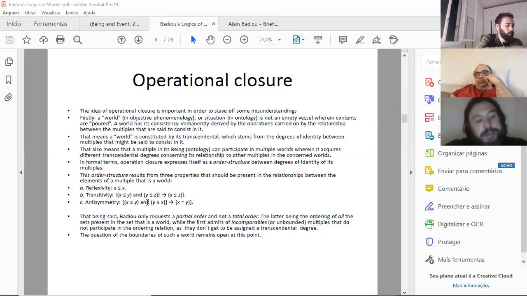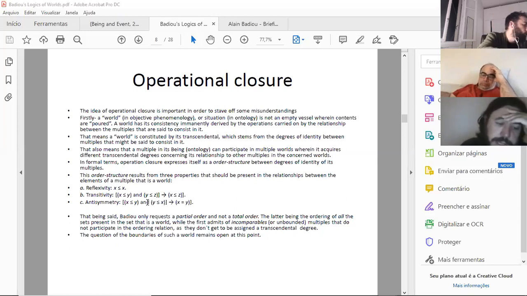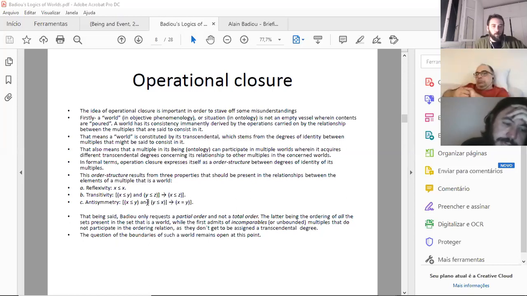To every multiple in the world, of course, there is a set wherein you have functions coming in and out, right? So in a sense, it is a thing. In a very broad sense, it is a thing of the world, the transcendental itself. But I'm having trouble imagining that the partial ordering belongs in the set of the transcendental and not in the set of the multiples that are measured by the transcendental.